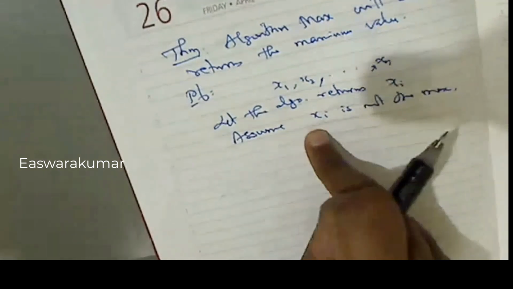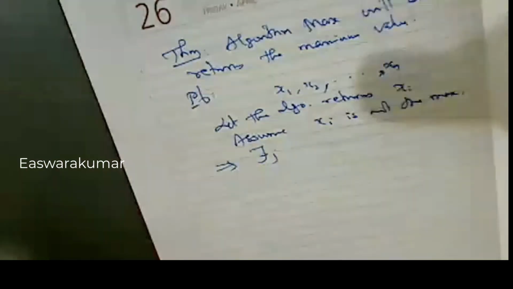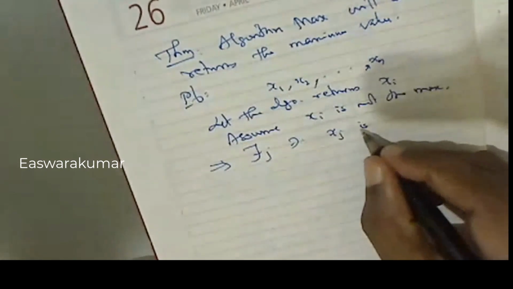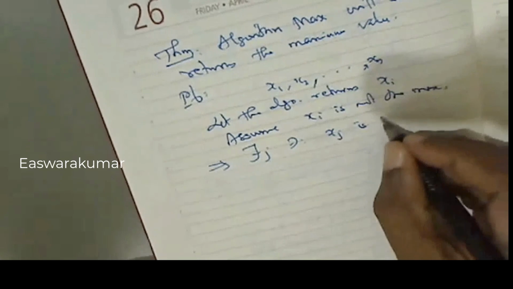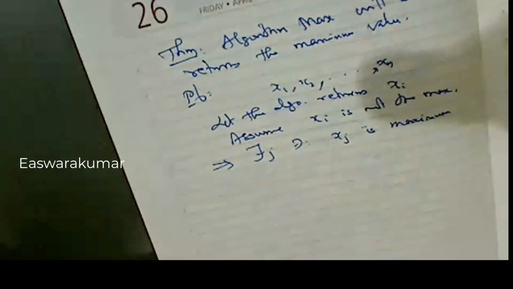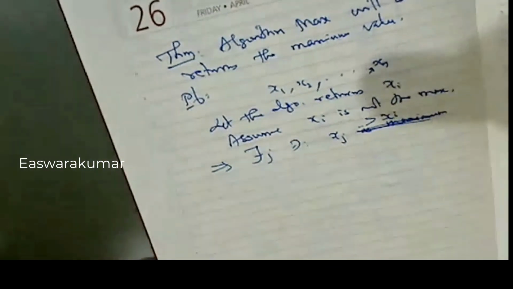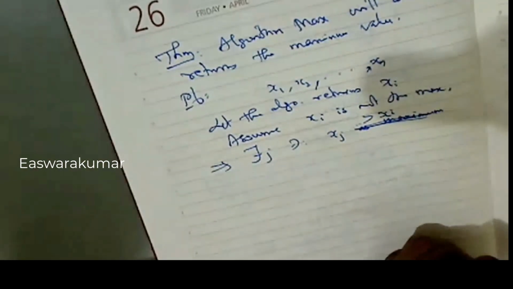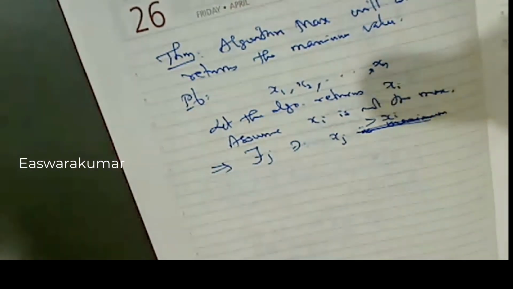That implies there exists j such that xj is larger than xi. But the algorithm is supposed to give xj, but it is not giving xj, it is giving xi.